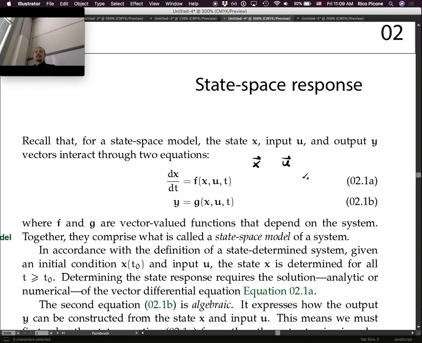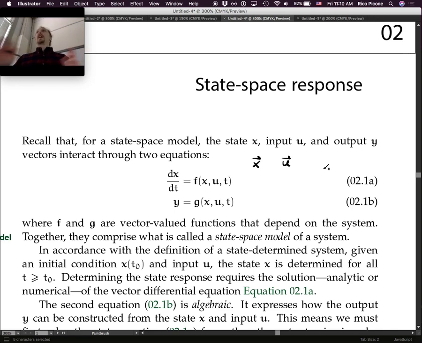And so what we're saying is that the state variables change, right? So the time derivative of state variables. State variables change as a function of what the state is, what the inputs are, and what time it is. Okay? And that's the state space model concept, is that you've described how the system is going to evolve.